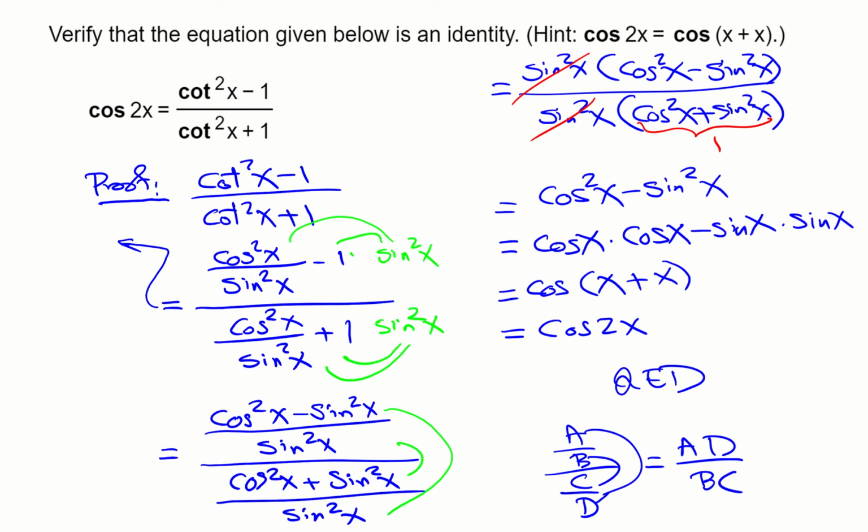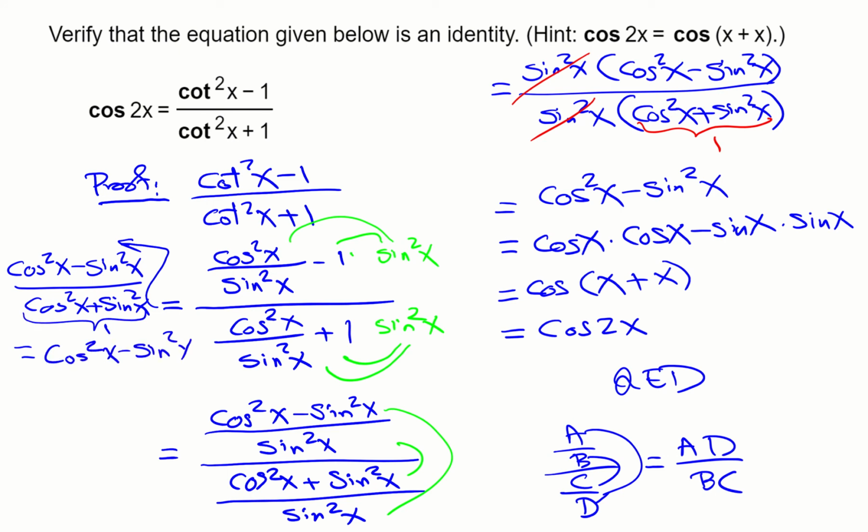So we quickly end up with cosine squared x minus sine squared x over cosine squared x plus sine squared x, which is equal to, again, the denominator is just 1, just cosine squared x minus sine squared x.